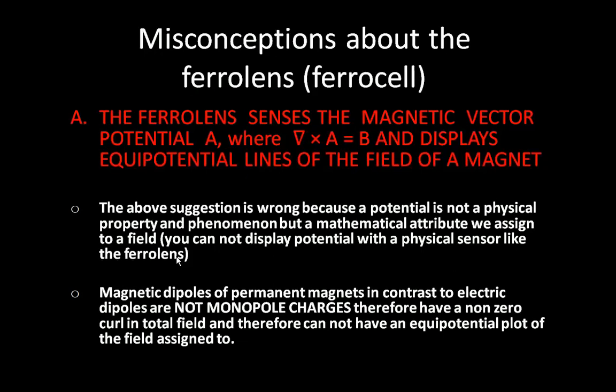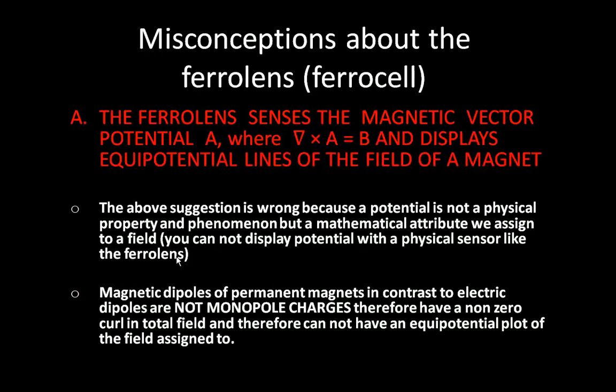But a physical sensor, like for example iron filings, for plotting the magnetic field force lines, and also the ferrolens, has no such algorithmic processing.